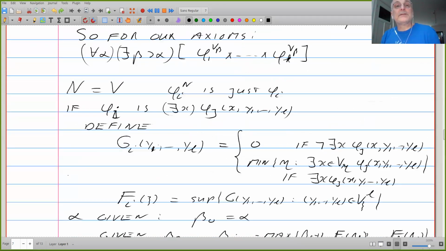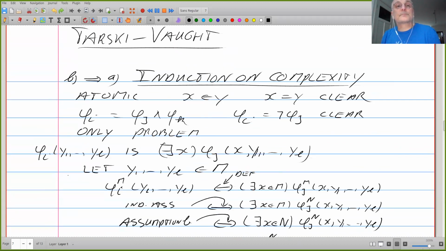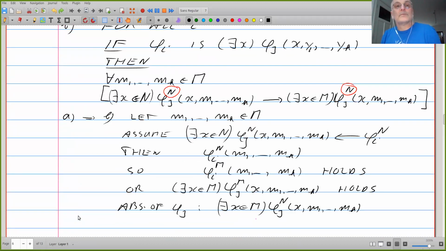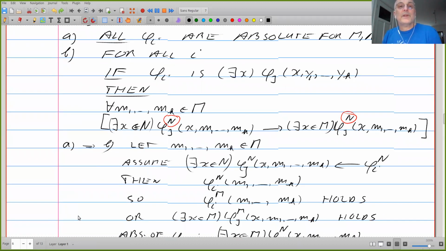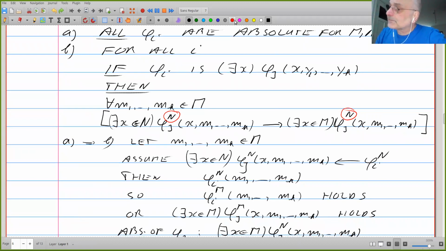Because what did we need to show? Where is our condition B? For every formula, if it is of the form there is something, then for all the elements of M, if there is an X in the big structure with a certain property, then there is an X in the small structure with a certain property.